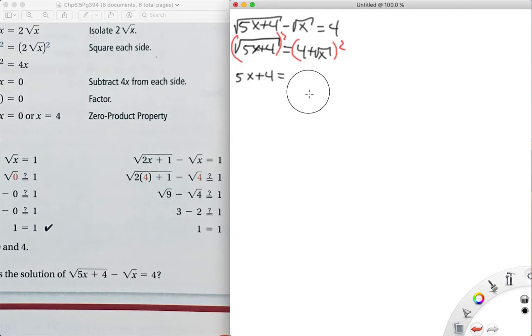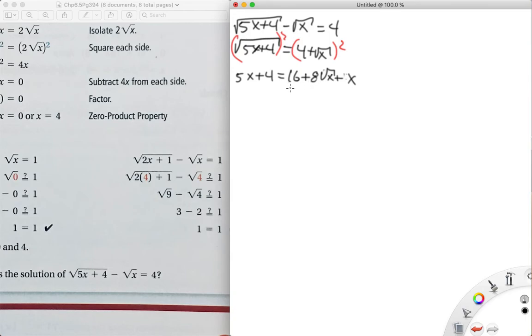Here we're going to use the same thing, a squared plus 2ab plus b squared, so this is going to be 16. 2 times 4 is 8, 8 times root x, so this is 8 root x, plus the square of the square root, which is x.